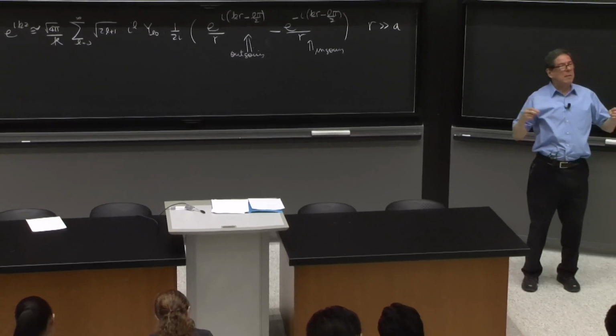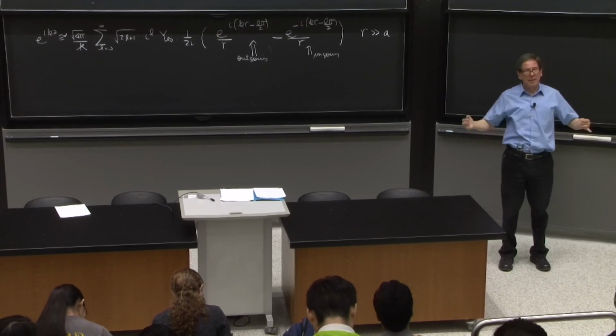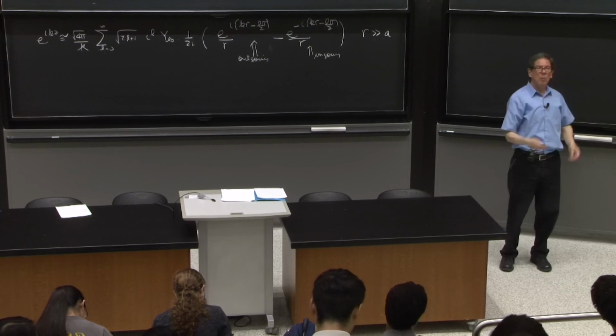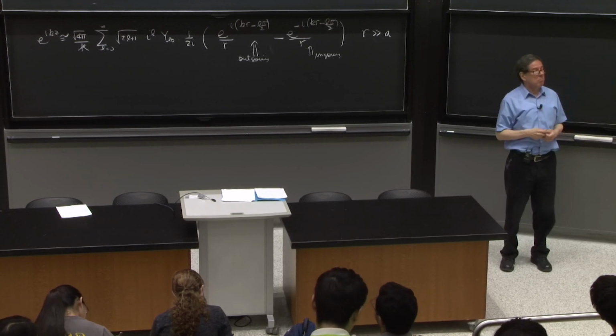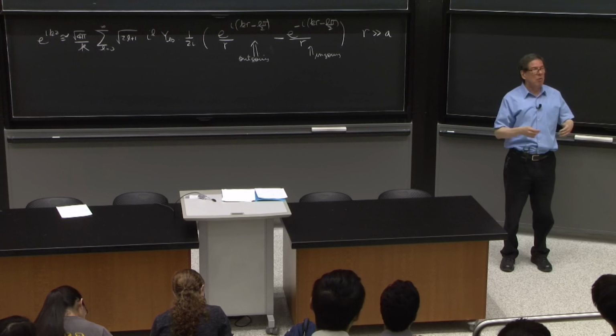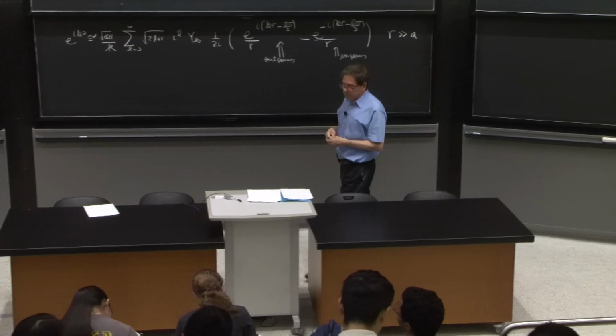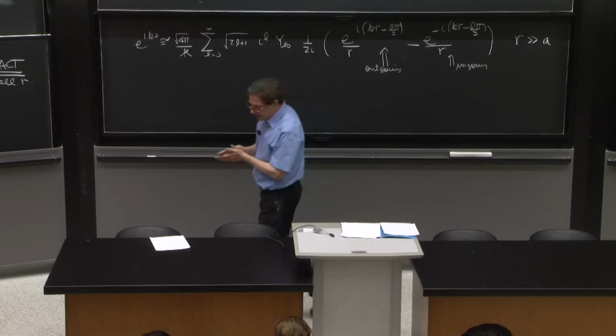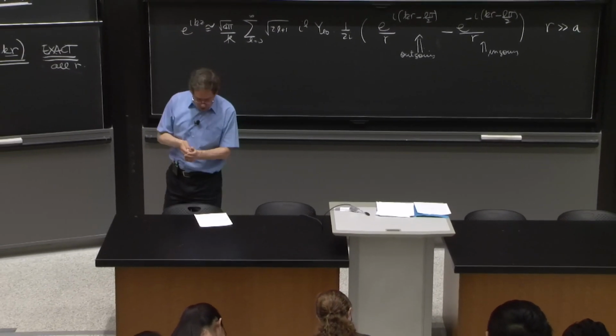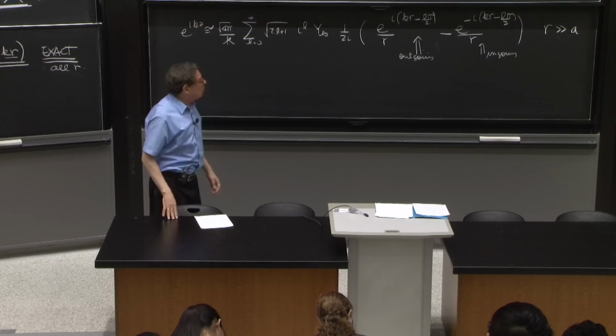Every term here, independently, every L and every ingoing and every outgoing wave is a good approximate solution of the Schrödinger equation. Now, this is important to emphasize because this is called partial waves.